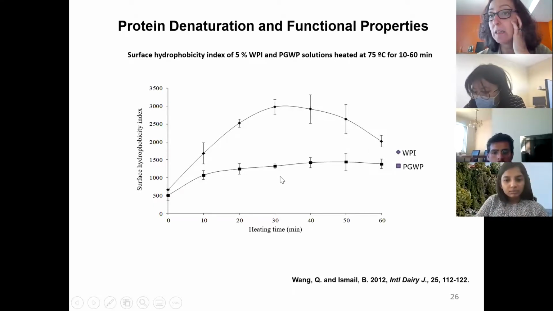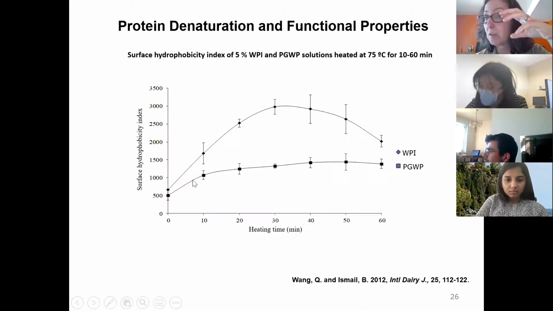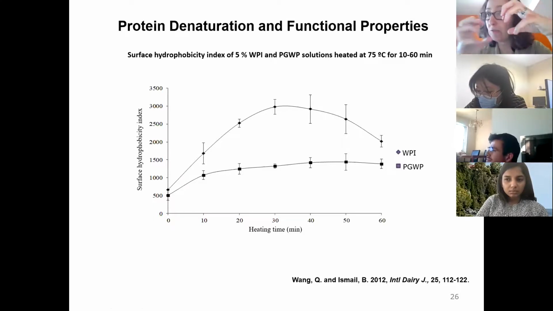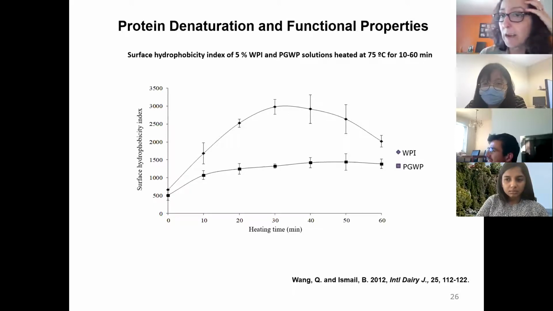It just maintained structural rigidity over time, which explains why it remained soluble even at its isoelectric point, because surface hydrophobicity did not increase. And with the protein maintaining its compact structure, you don't have much hydrophobicity on the surface, regardless of the pH. Now you don't have that much interaction there. You don't have that attraction due to hydrophobic interactions.